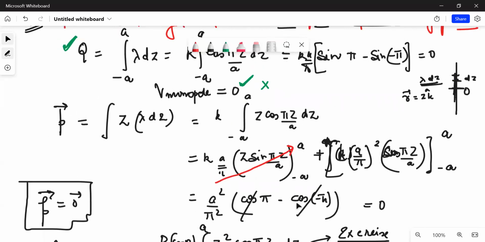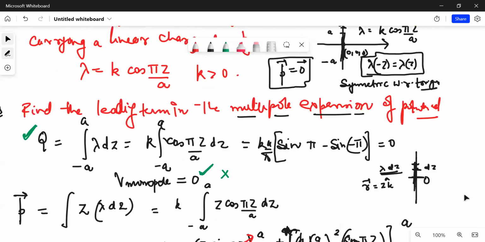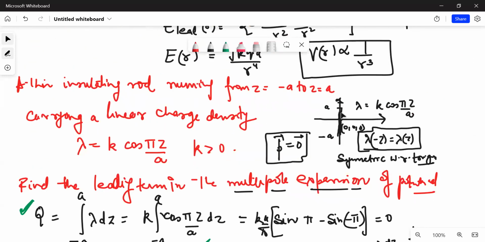It was quite evident also, because if a charge is distributed from minus a to plus a in the form of k cos(pi z upon a), the charge density is symmetric with respect to the origin.